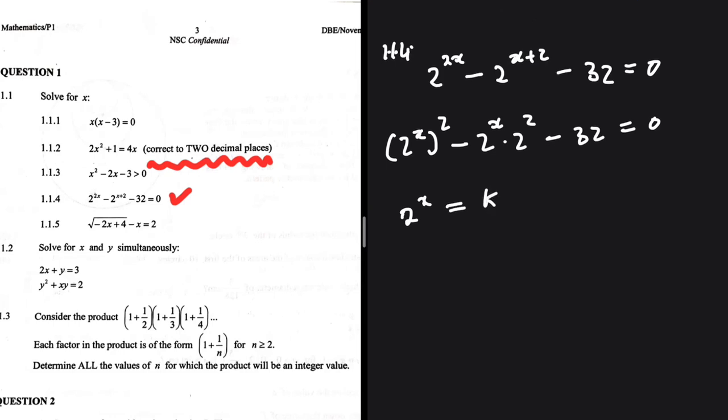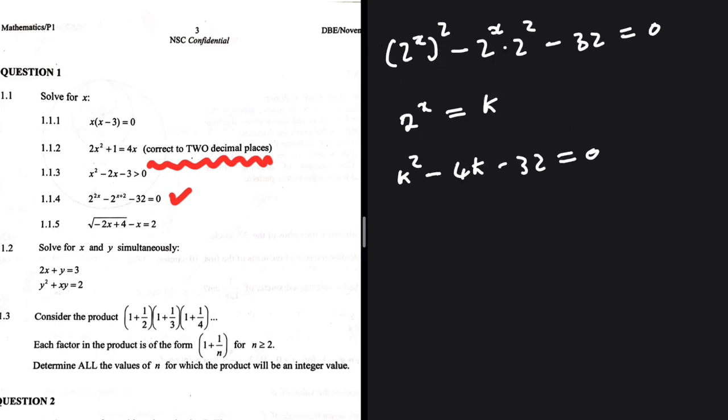In doing that, we will therefore have k squared minus 2 squared, which is 4, so we have minus 4k minus 32 equal to 0. And then we can just go ahead and factorize this. Let me give that a try. We have k, and then 2 factors of minus 32 which, when we add, we get minus 4.